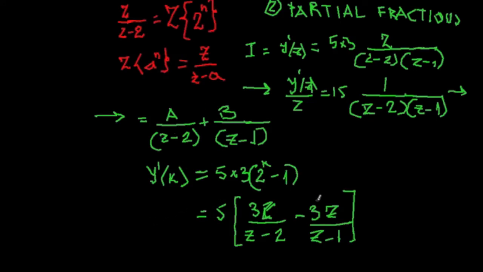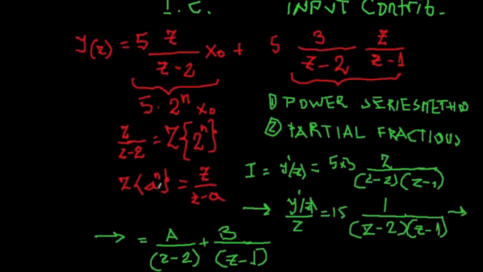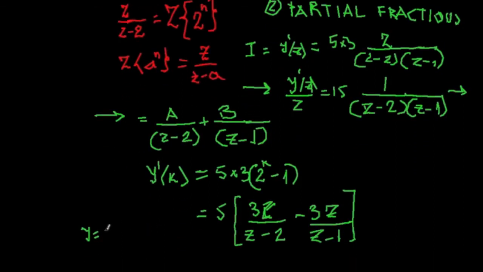The overall expression now becomes y of k, from the previous part, 5 multiplied by 2 to the k, with x being 0, plus 15 multiplied by 2 to the k minus 1.